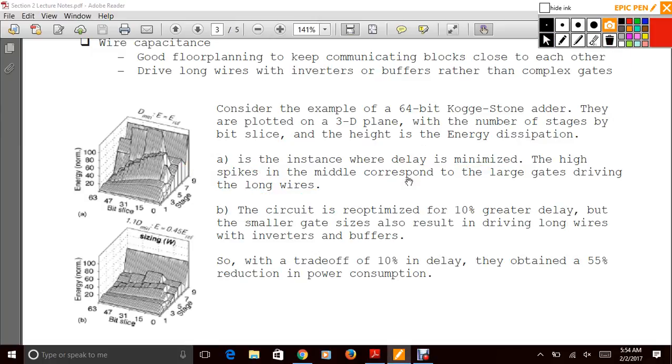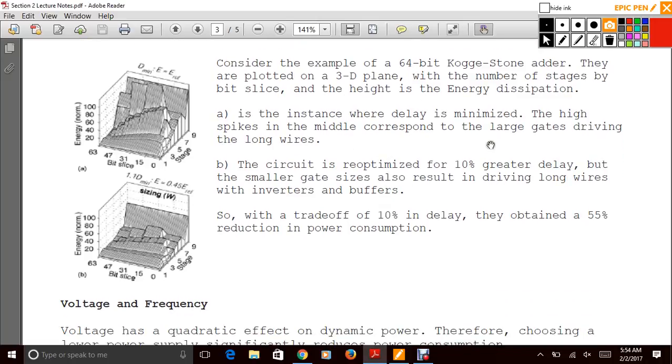And so what's going to end up happening is, if we have a circuit where there's 10% higher delay, but the smaller gate sizes result in driving wires with inverters and buffers instead, well, look what happens. Significant reduction in both energy and power consumption.